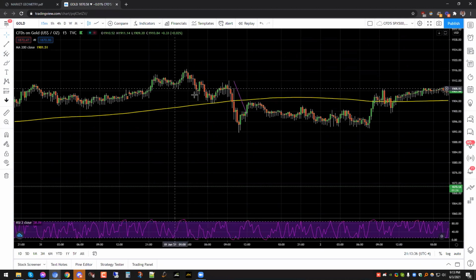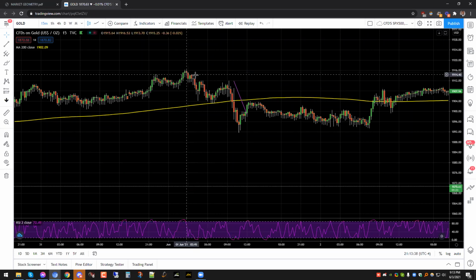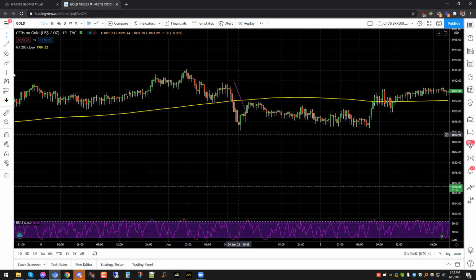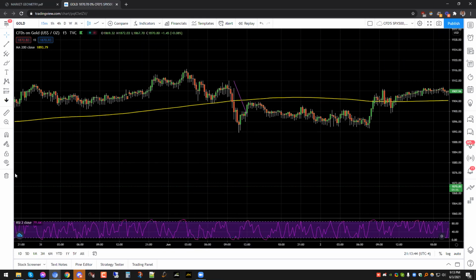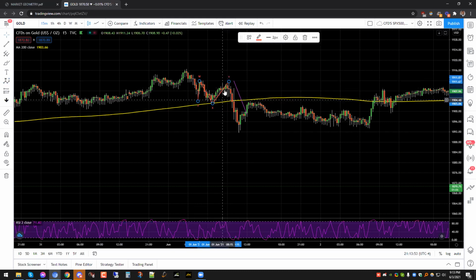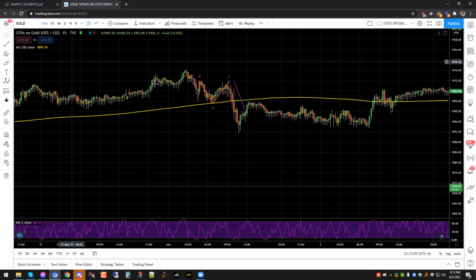Okay, and this is still 1, 2, 3, just like this bigger formation, 1, 2, 3. So we have a flat pattern inside here, which I can label as WXY, right? So I have a flat pattern inside here.